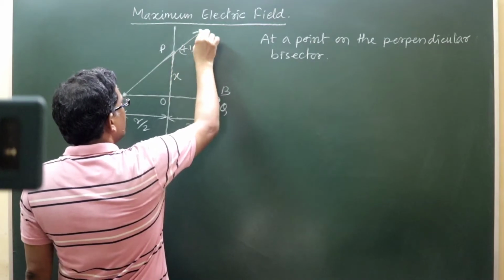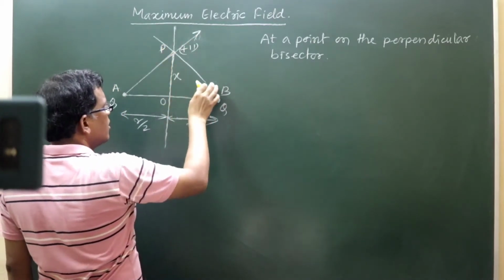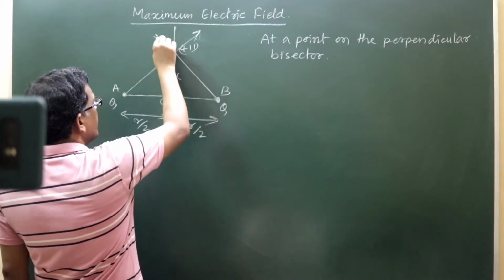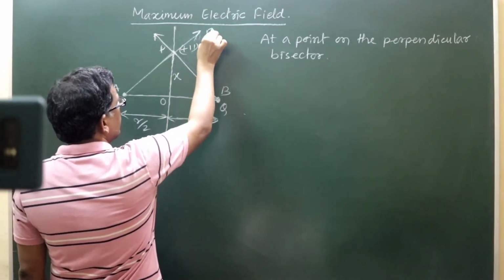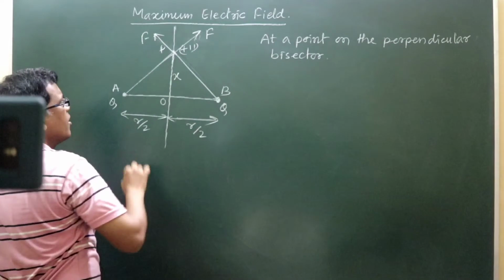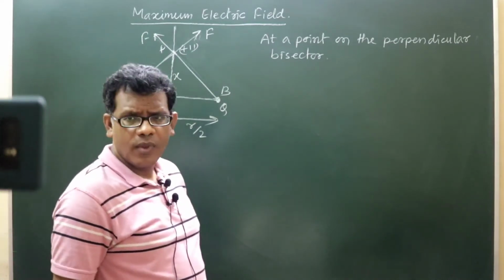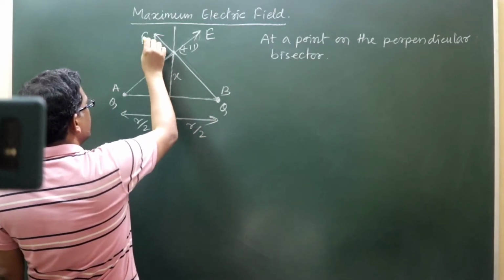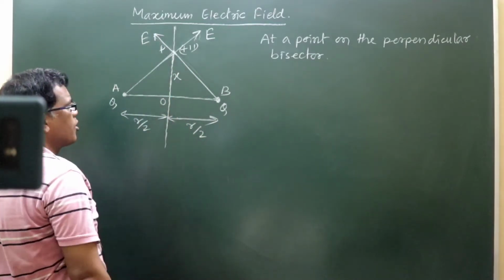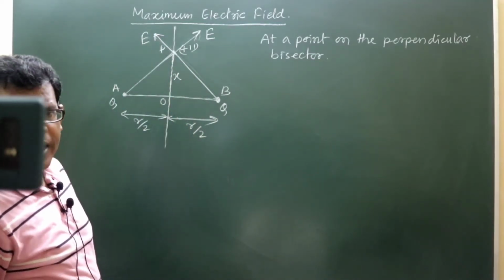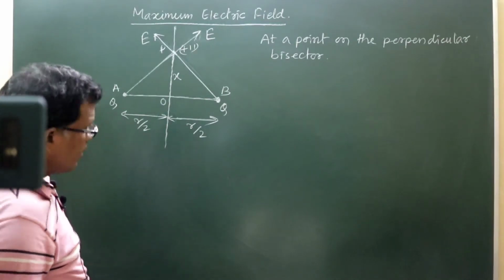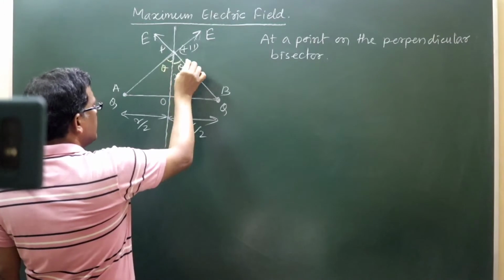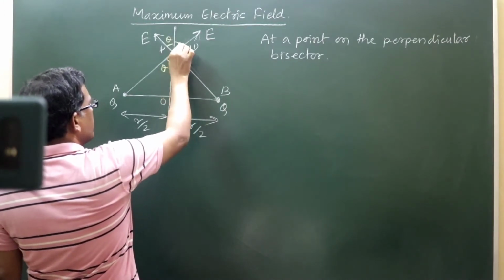So to know the electric field, we need to know the electrostatic force on a +1 charge. Let this be one force, and let this be the other force. These are the two equal forces, F each, on +1, or we can represent it by E also, because the force on +1 is the expression of E. In general we can say these two angles are theta each, and the corresponding angles will also be theta each.